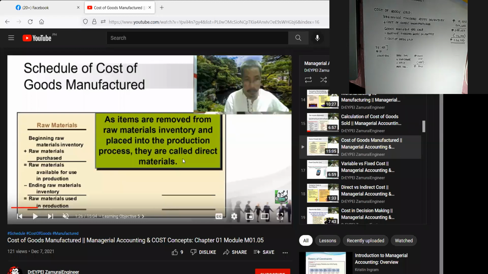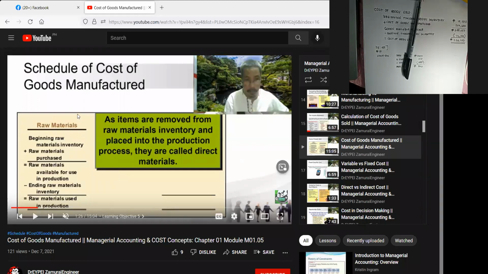Cost of goods manufactured, here, this portion, 234,150, is just a summary. How to compute 234,150? This is how you compute on your screen. This is the format to compute.